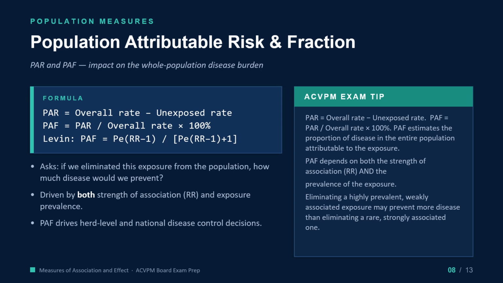Another equivalent formula for PAF when you have exposure prevalence, or PE, and RR is Levin's formula. PAF equals PE times (RR minus 1) divided by PE times (RR minus 1) plus 1. Definitely worth knowing for the exam.